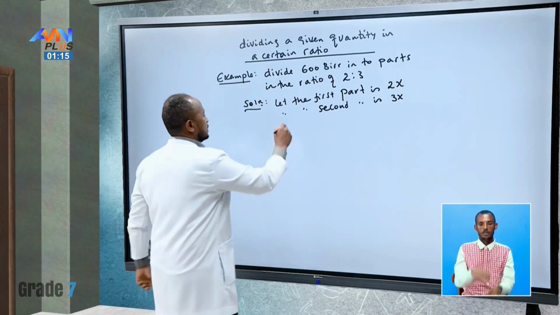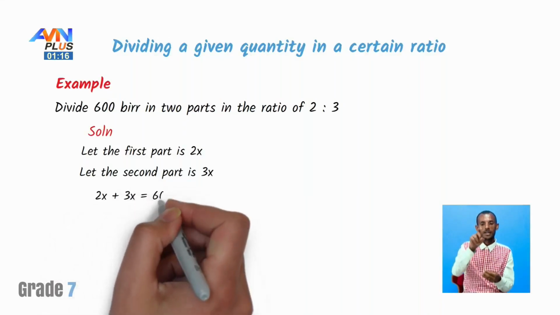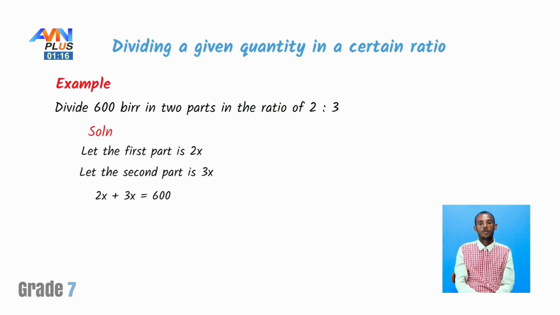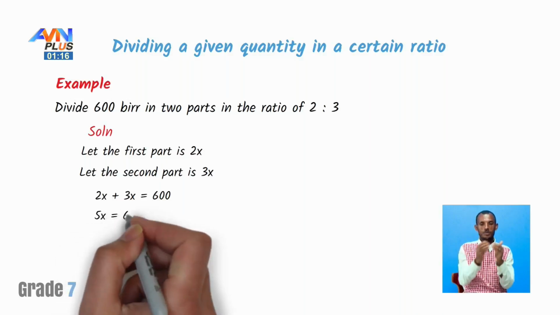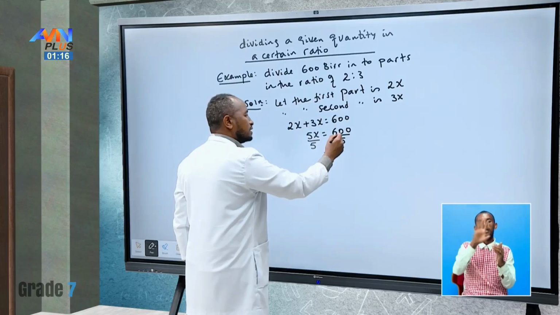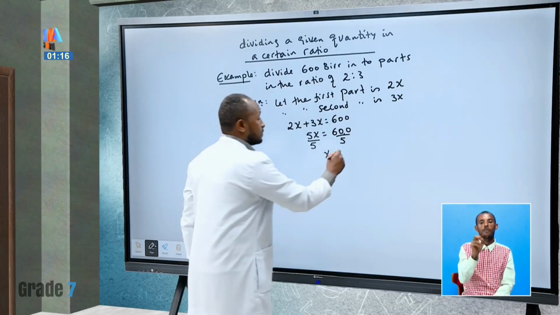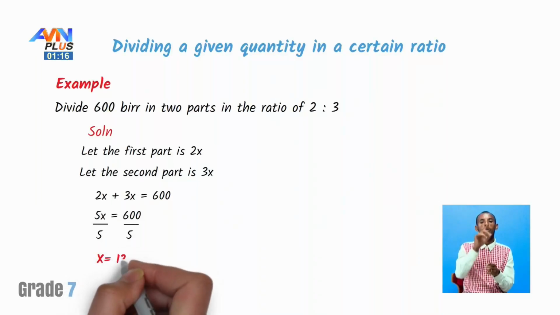Therefore, 2x plus 3x gives you 600. When you add these two, you have 5x equal to 600. Divide both by 5, this cancels out. x equals 600 divided by 5. 60 divided by 5 is 12, therefore 120 will be x.